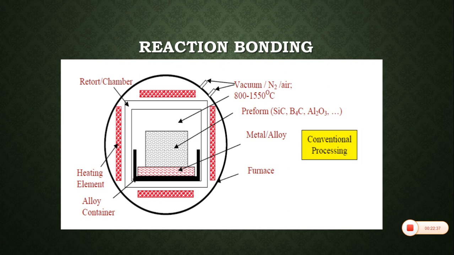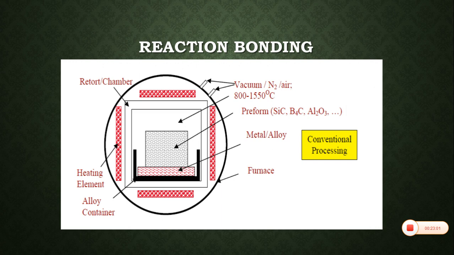As we are using aluminum alloys, the aluminum is made into a particular shape by using preforming methods: cold pressing, injection molding, slip casting, pressing in a die, etc.